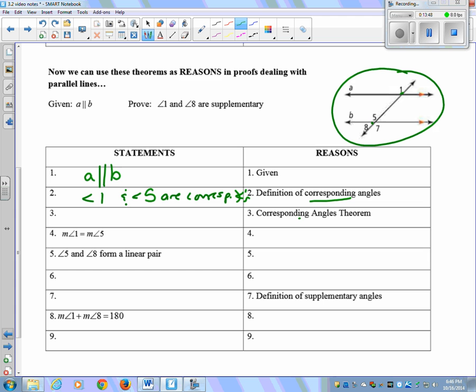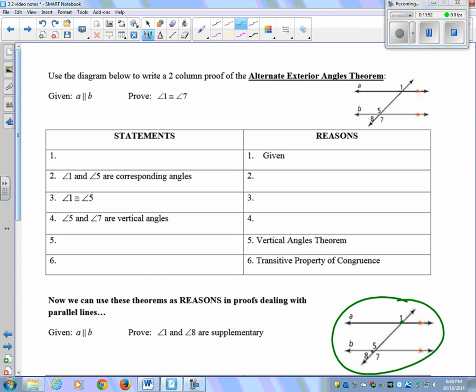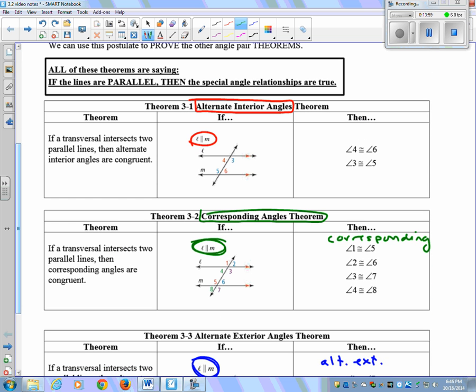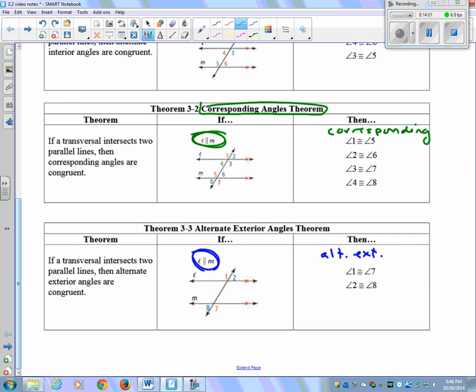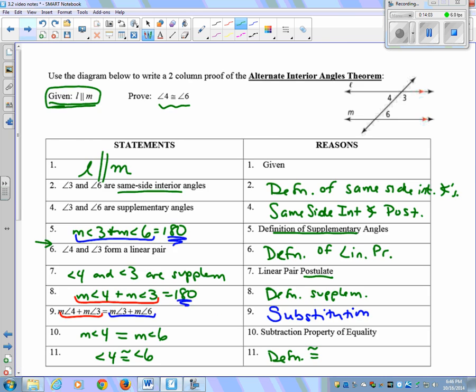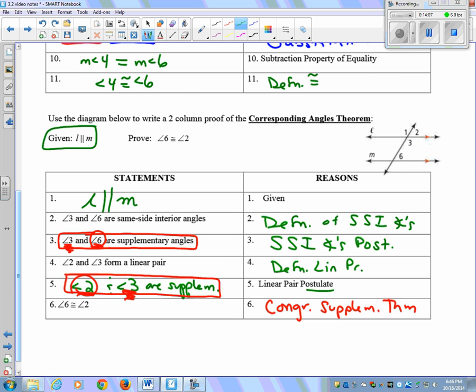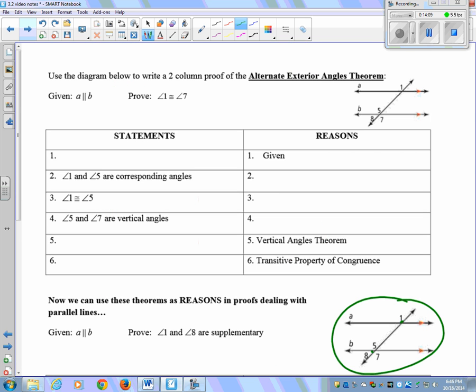Well, what does the corresponding angles theorem say? We just proved it. Just a minute ago, we proved the corresponding angles theorem right here. It says that corresponding angles are congruent. Wait, that wasn't the proof. Here's the proof of the theorem. Corresponding angles are congruent if the lines are parallel.